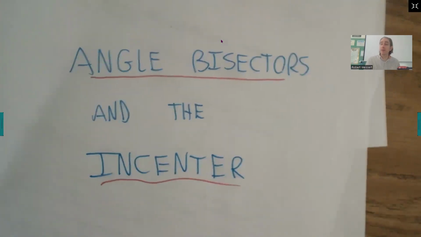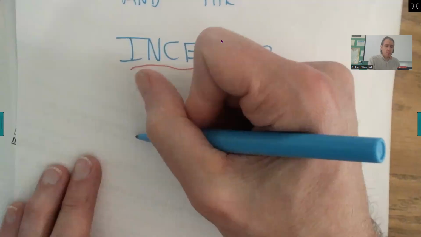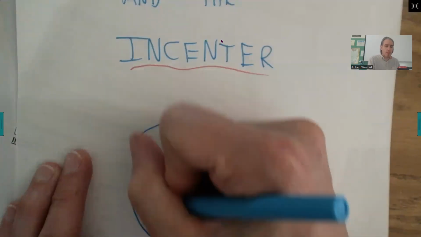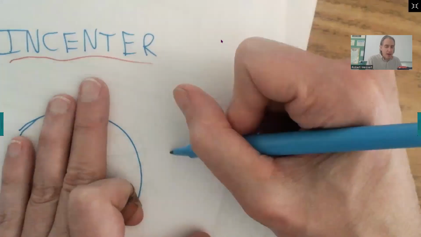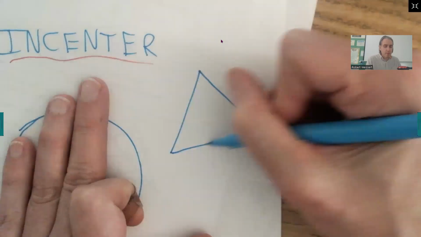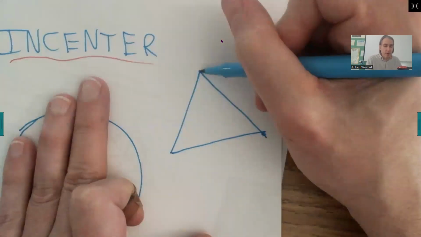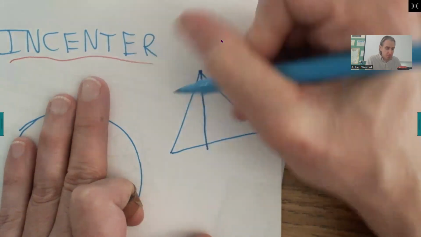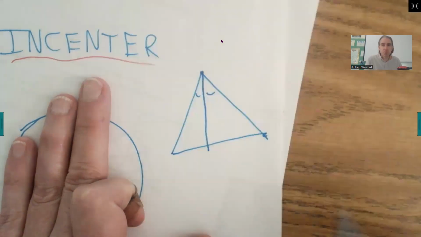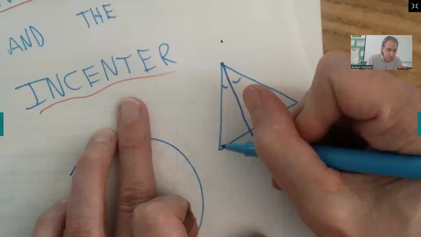An angle bisector is a segment that bisects the angle in a triangle, cuts it in half.